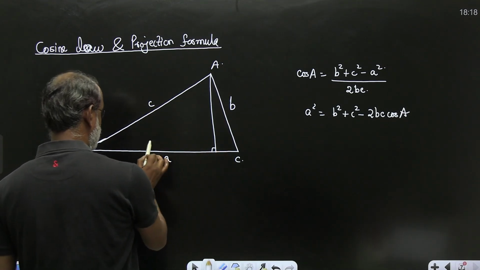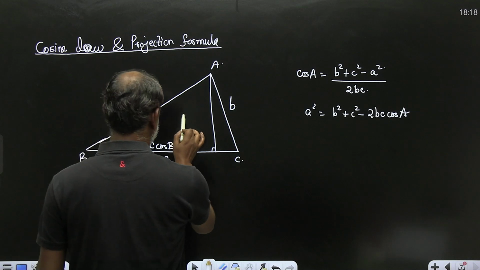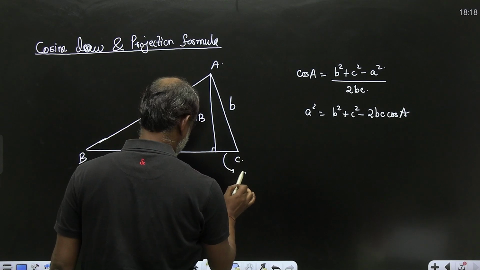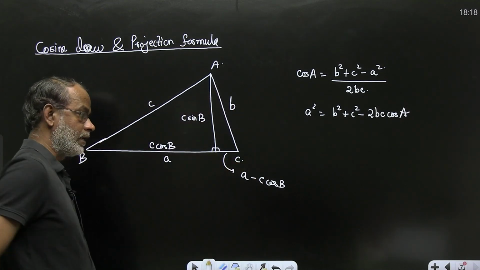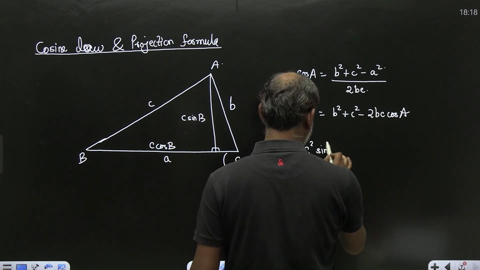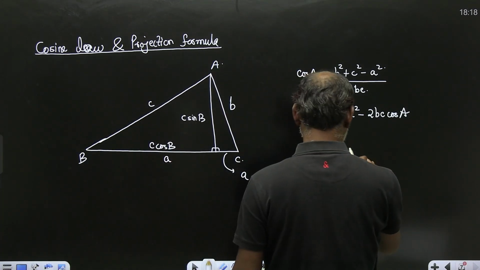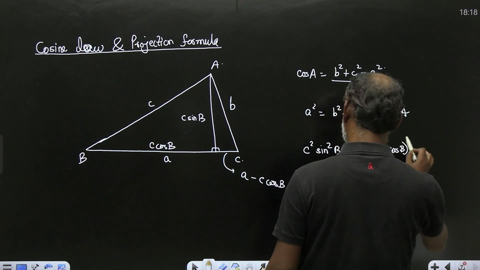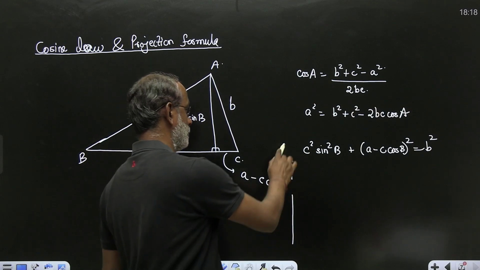This is c, this is c cos B. Okay, this is c sin B. What is this? a minus c cos B. Now apply Pythagoras theorem. c square sin square B plus base square is equal to b square.